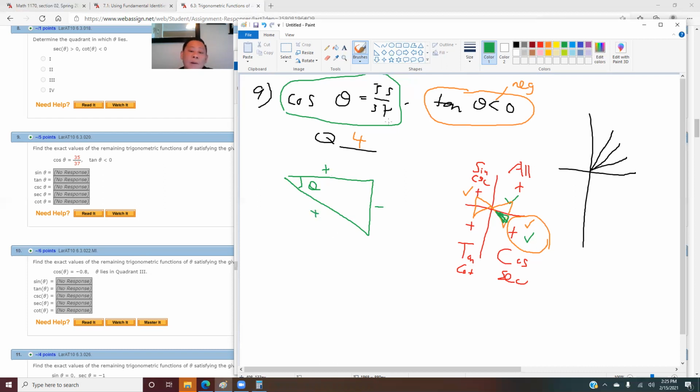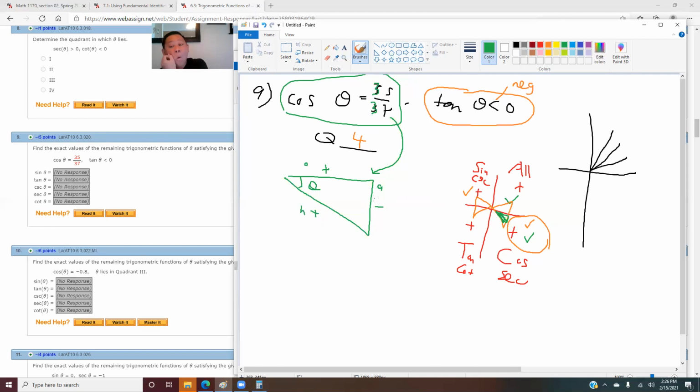Can you apply SOHCAHTOA for this case? Cosine theta is 35 over 37. So where is 35 and where's 37 in your triangle?